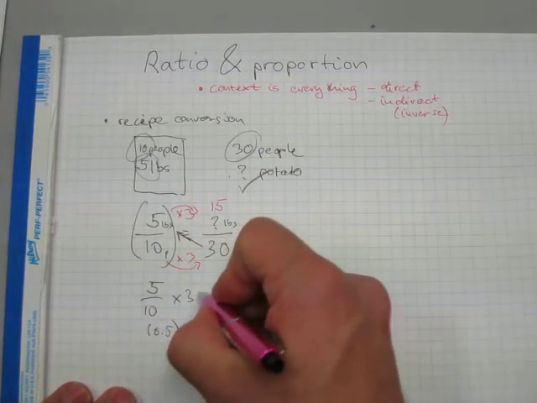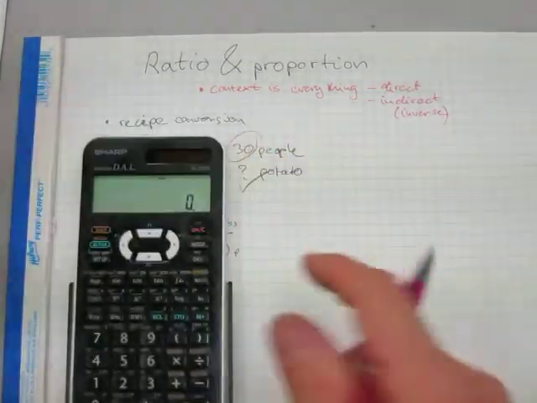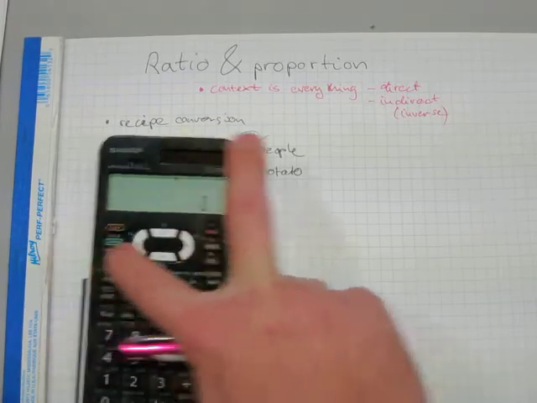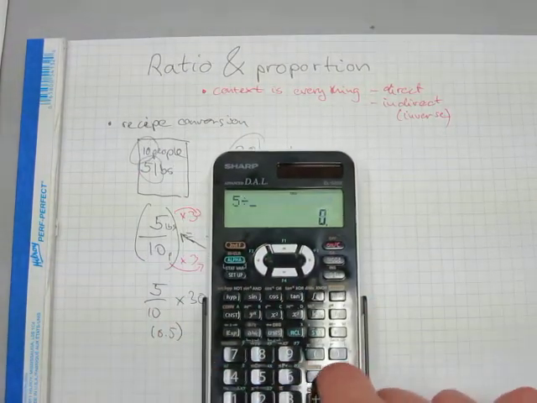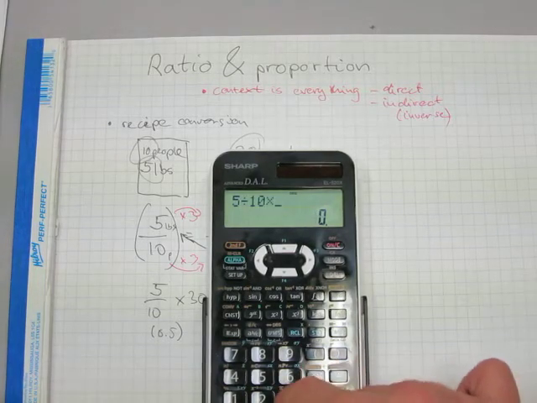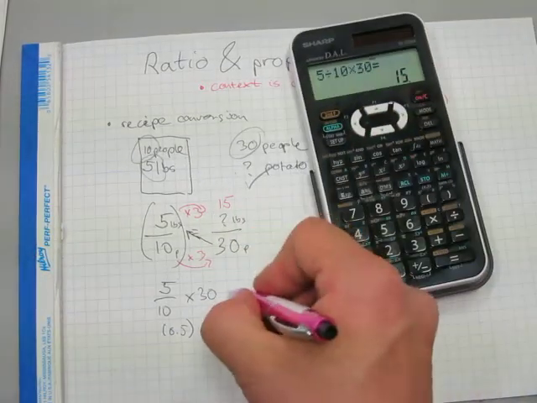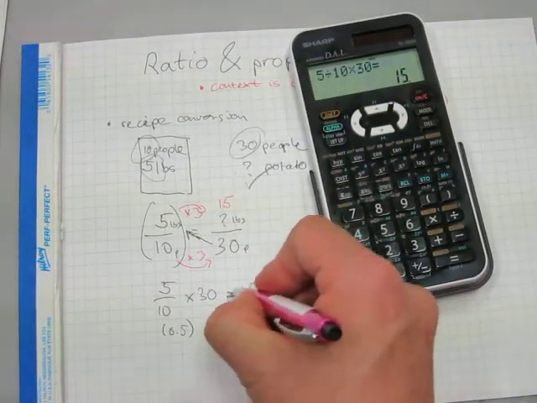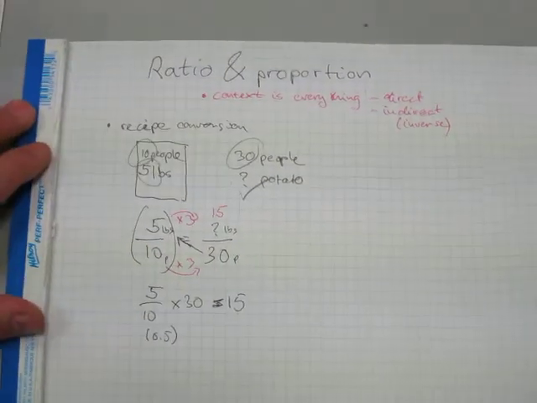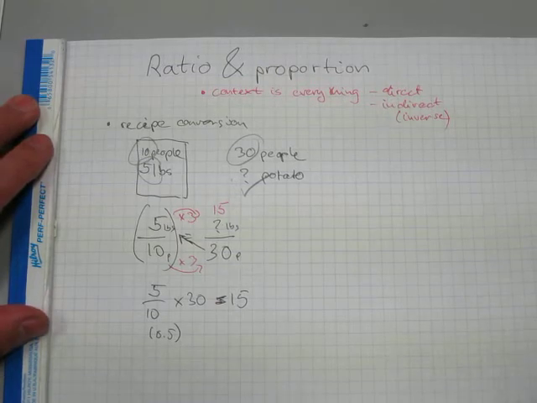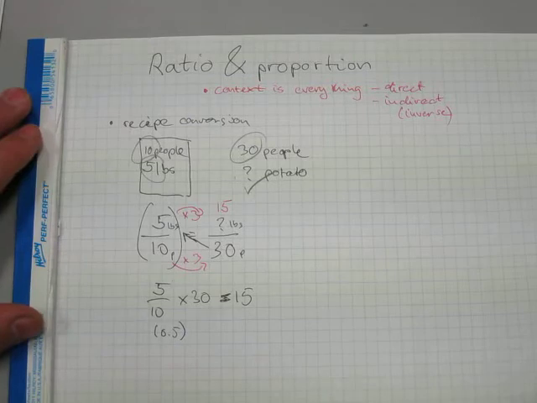It gets multiplied by 30. 0.5 times 30, half times 30 is 15, but here it is. I place that on a calculator. There, 5 divided by 10 multiplied by 30 equals 15. So this is an easy way to solve this ratio and proportion problem, or recipe conversion problem with ratio and proportion.